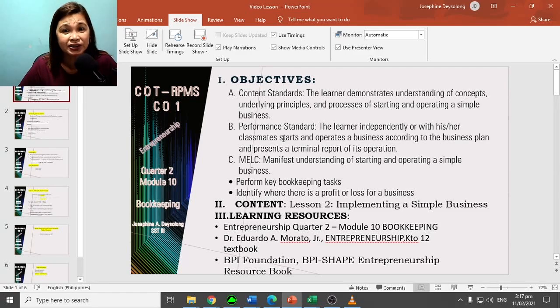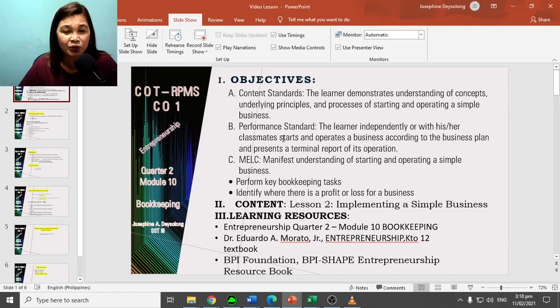Performance standard: the learner independently or with his or her classmates starts and operates a business according to the business plan and presents a terminal report of its operation. And when we say independently or with his or her classmates, I have observed that you really followed my instructions, that you grouped with your neighbors or with your closest relatives nearby.